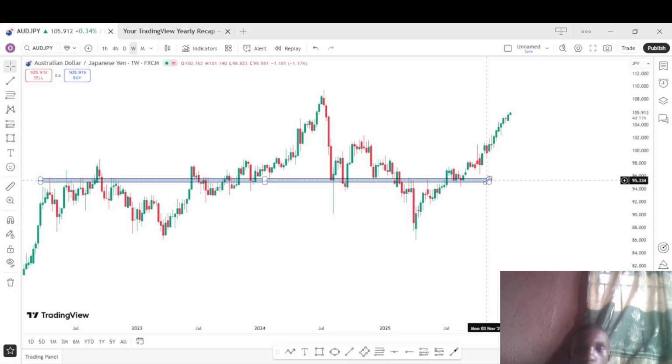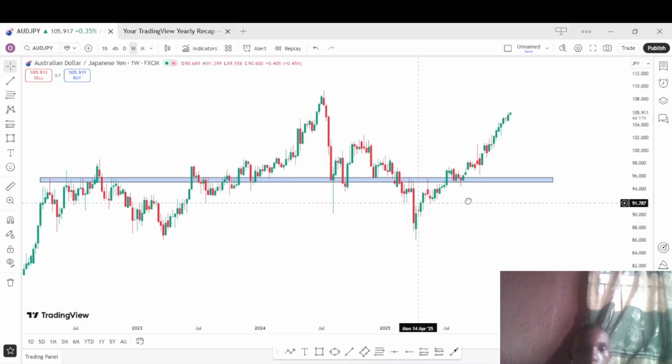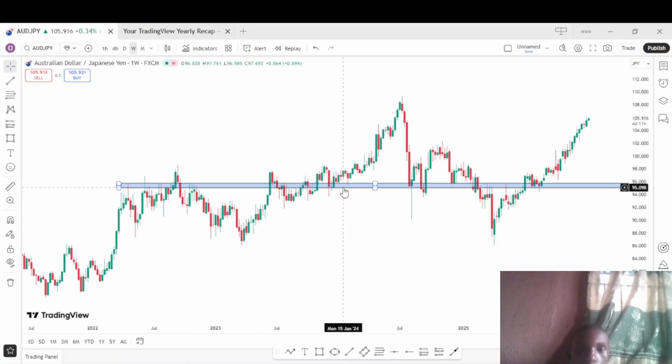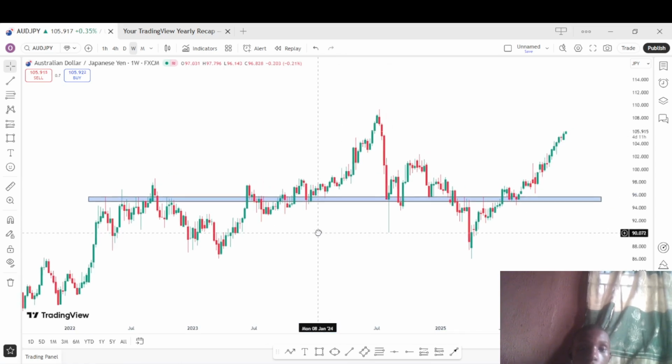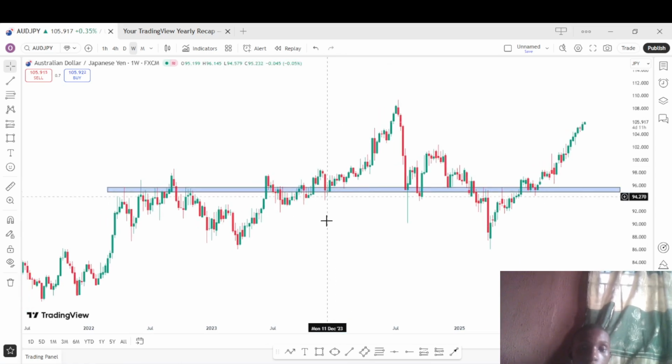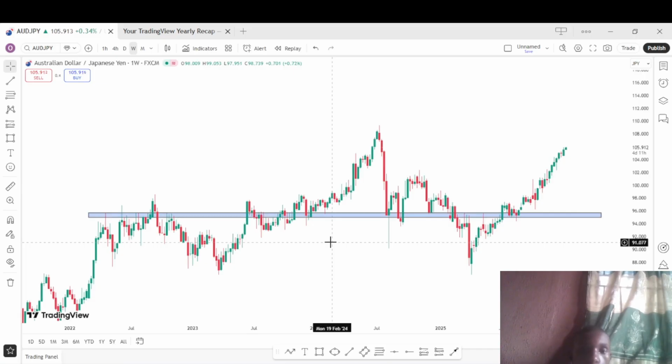For those of you having issues with major levels, don't worry, I'm going to make a special video on these indicators, on how to use them specifically, how to plot your trend line, how to plot your major support and resistance, and several other tools, in case you have a problem plotting them.